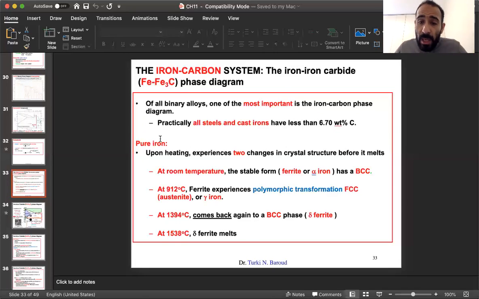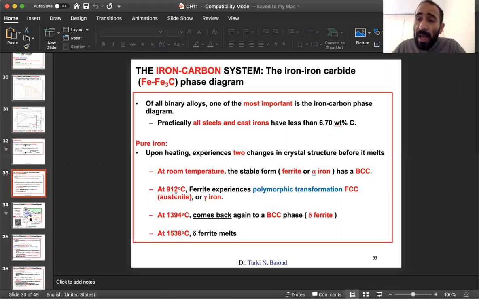We call this phase alpha ferrite. Then it has an FCC structure once you heat up above 912 Celsius, where we get what's called gamma austenite.